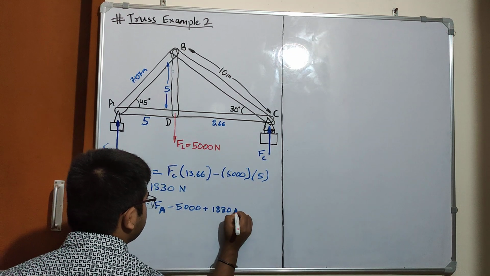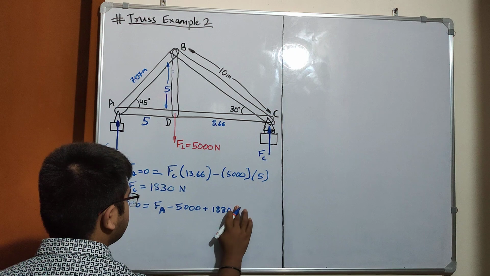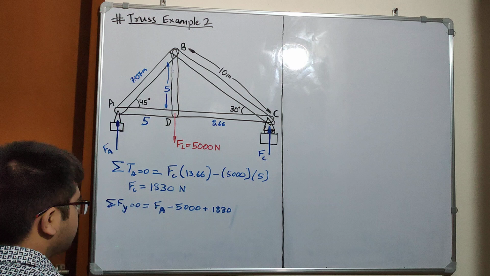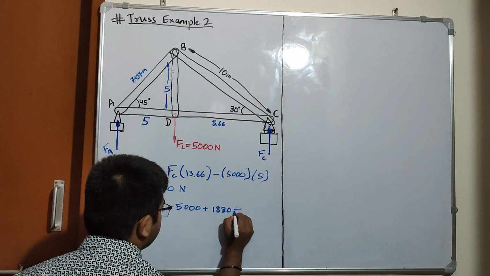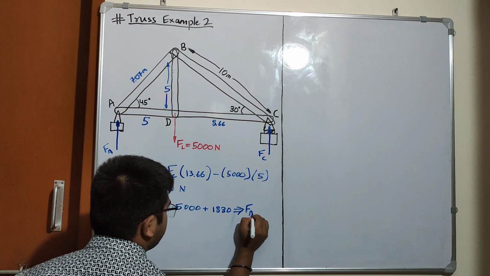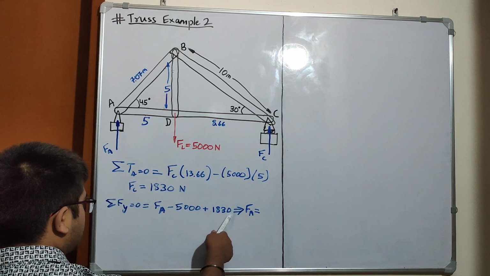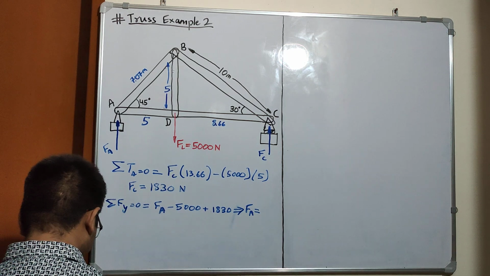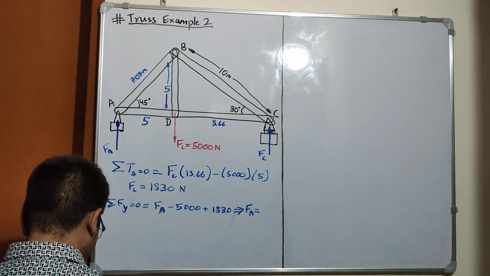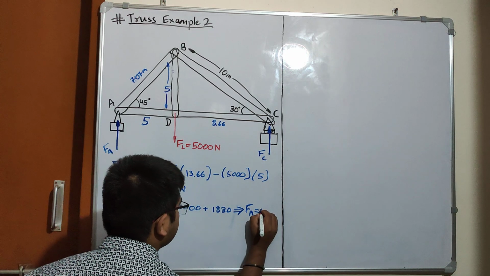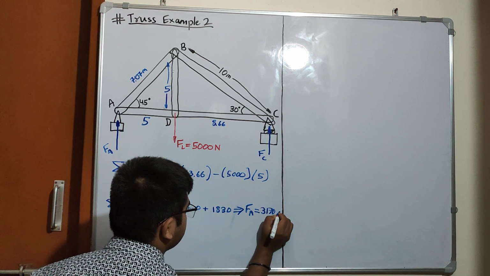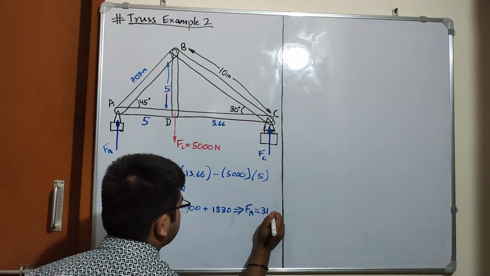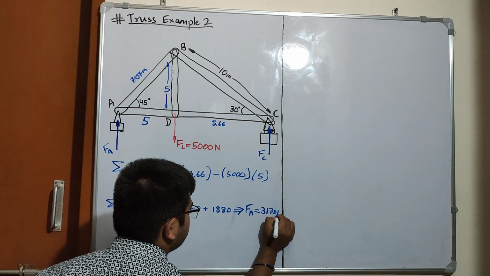This all is equal to 0. So we will have FA equals, by calculating this, equating this to 0, we will get FA equals 3170 newtons.